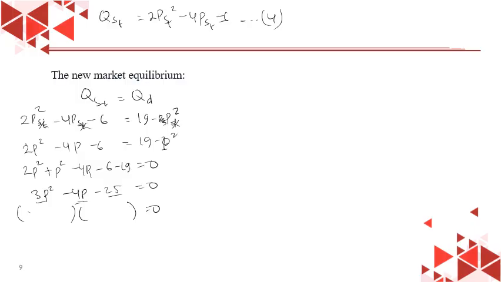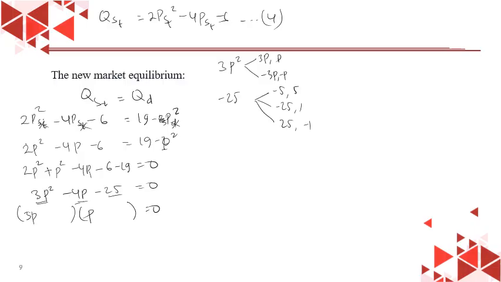So see the left first. Factors of 3p quadrat are 3p times p, or minus 3p times minus p, correct? Let's put the positive first, then look at the minus 25 here: minus 5 with 5, and minus 25 with 1, or 25 with minus 1.